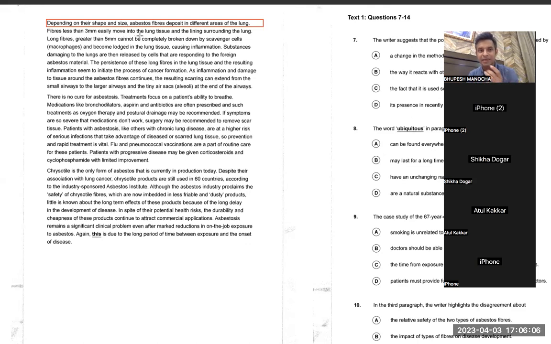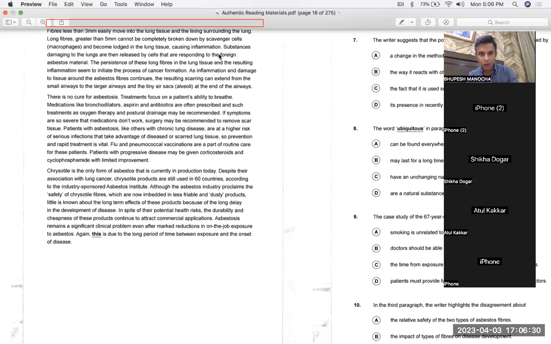So fibers less than 3 millimeter easily move into the lung tissue, the lining surrounding the lung. Long fibers greater than 5 millimeter cannot be completely broken down by the scavenger cells and become lodged in the lung tissue. So the long asbestos fibers become lodged in the lung tissue because they cannot be broken down, whereas smaller fibers can easily move into the lung tissue, causing inflammation.